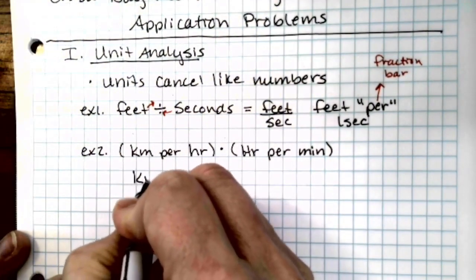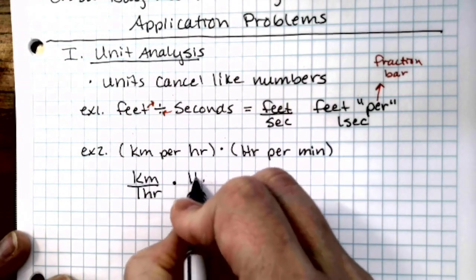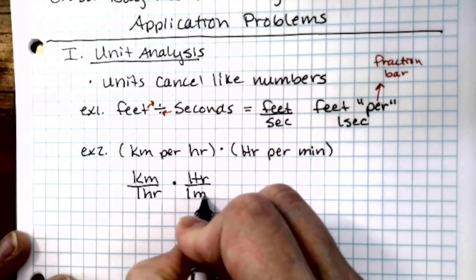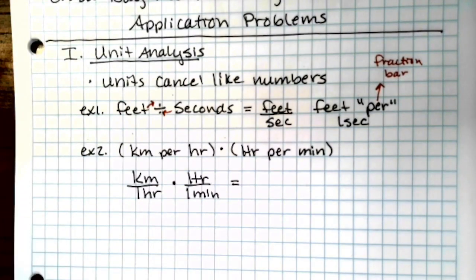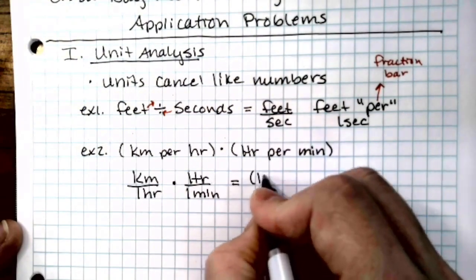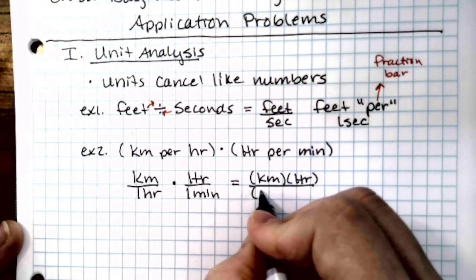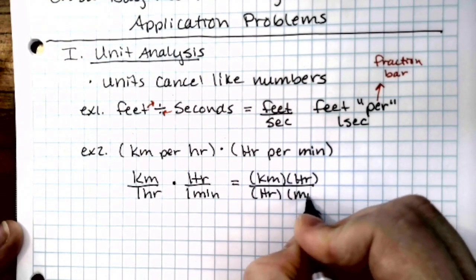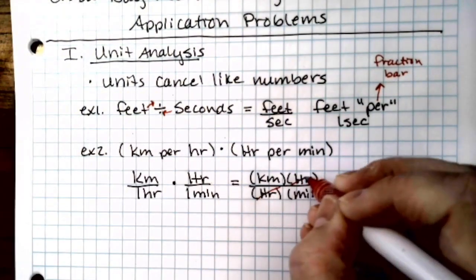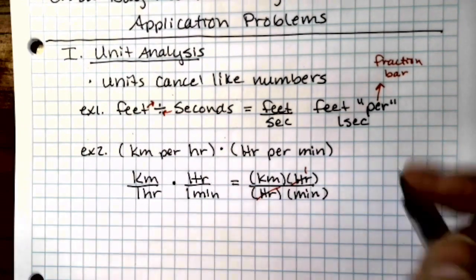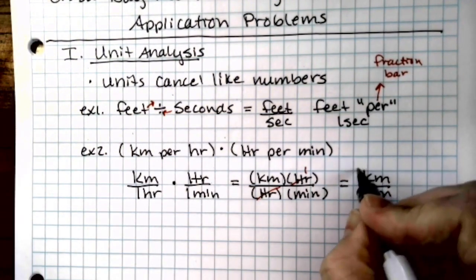So the first one becomes kilometers over 1 hour times the second one, which is hours over 1 minute. Just like prime factoring, you multiply the tops together. So I get kilometers times hours, multiply the bottoms together, hours times minutes. Hours divide into hours one time, and it simplifies to kilometers per minute.